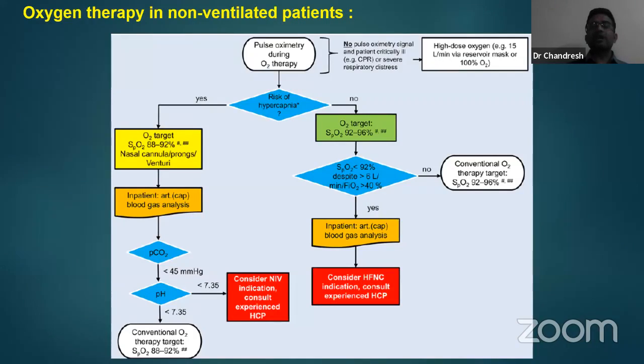If a patient is not having any risk of hypercapnia, you can go a little bit further with the oxygen. SpO2 level 92 to 96% should be your target. And still, after giving 6 liters of oxygen, if the patient is hypoxic and SpO2 level is 92%, you can consider HFNC after looking at the ABG. Next.